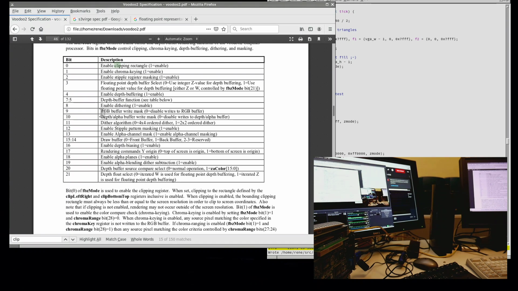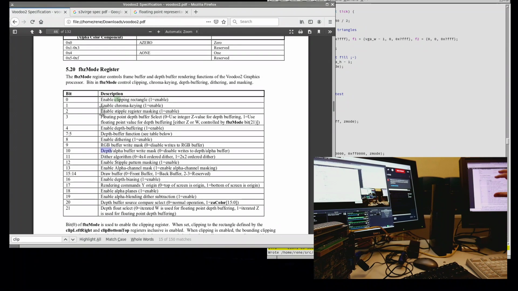here, the RGB buffer, because this is an FP set mode register, and I said this before, the Virge and the Voodoo are quite similar in terms of these registers. You write the vertex coordinates in there, and you need to sort them. The Virge and the Voodoo need them sorted.